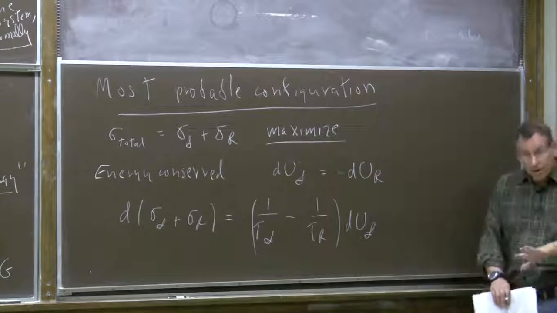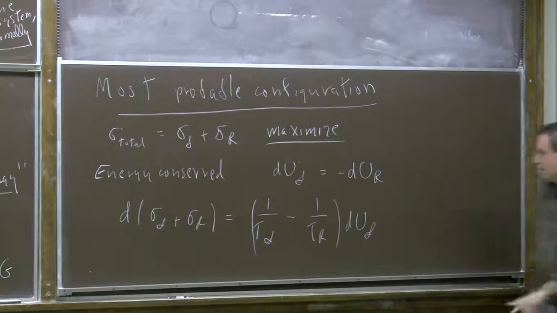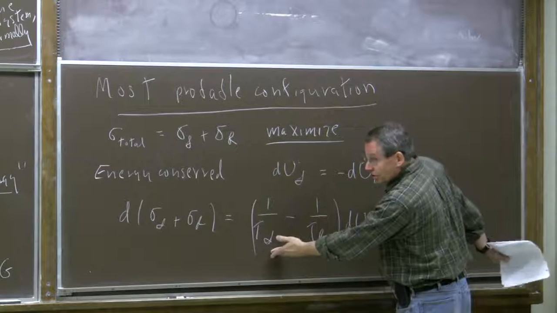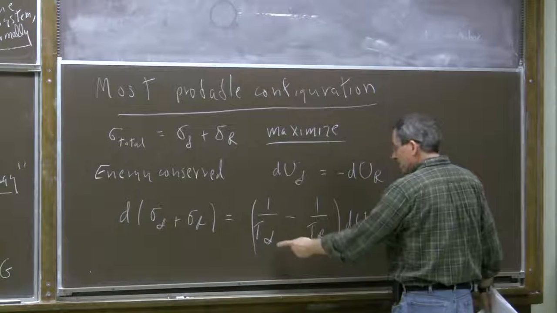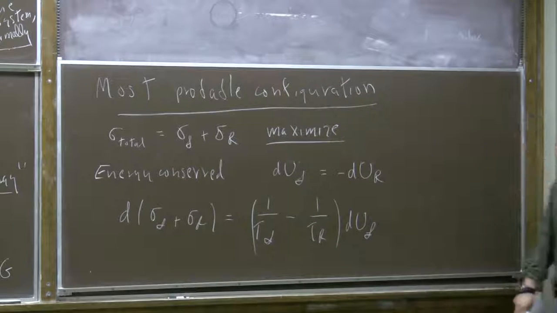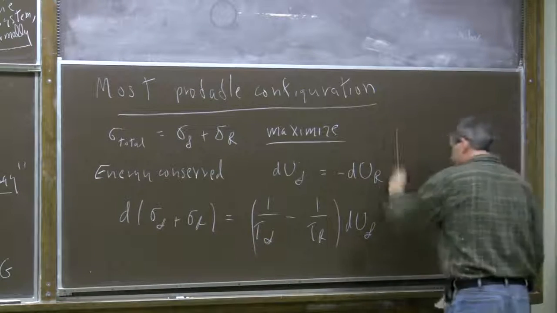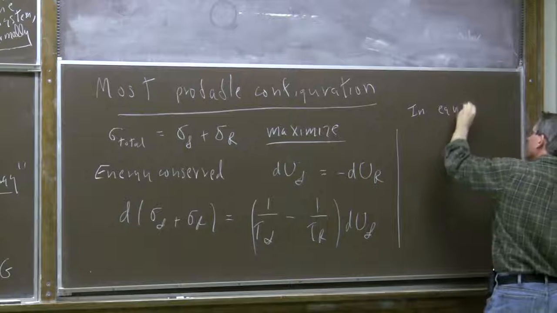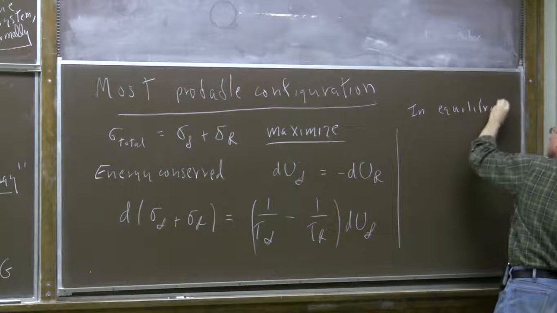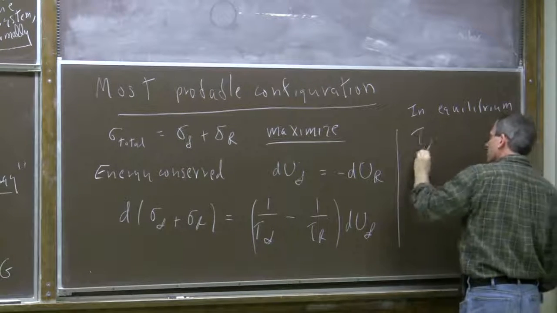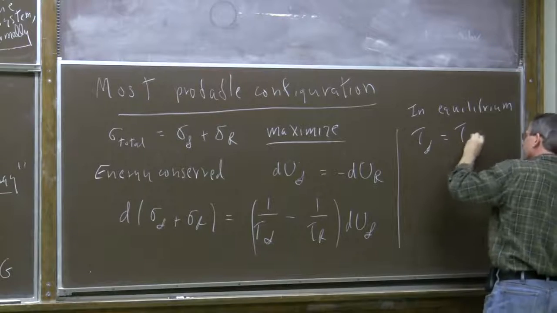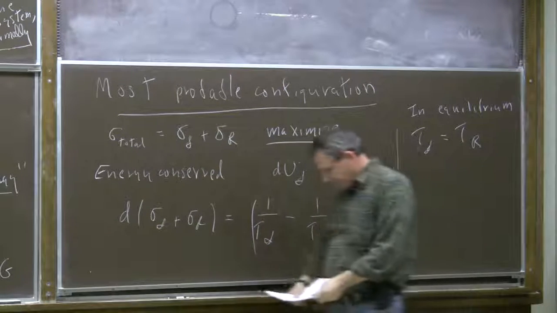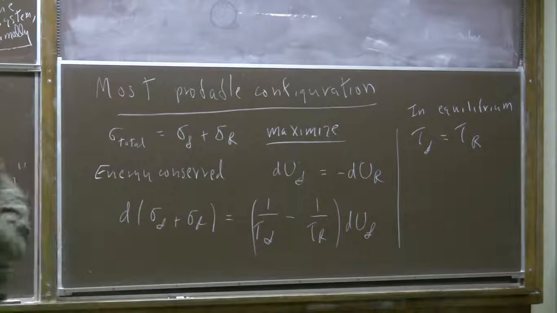So the amount of internal energy in the system would adjust with a corresponding change in the temperature of the system until the temperature of the system and the reservoir match, and that's the most probable configuration. So in equilibrium, or in other words, in the most probable configuration, system and reservoir are at the same temperature. And if, again, the reservoir is very large, its temperature is a constant.